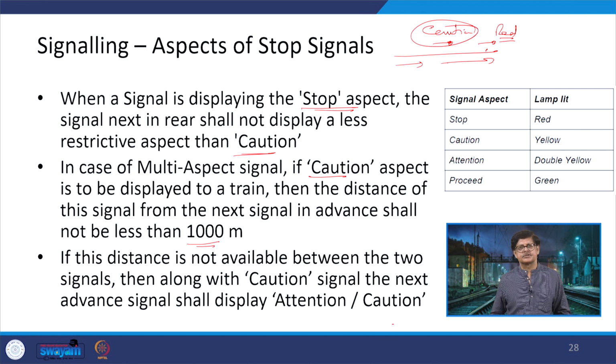If this distance is not available between the two signals, then along with the caution signal, the next advanced signal shall display attention and caution. That is where we may be going into a position of 4 aspect signaling, as well as there is a possibility now we are going into distant signals and inner distant signals, so as to give an idea to the loco-pilot that you need to be cautious, and that is being provided from way ahead of the main position.